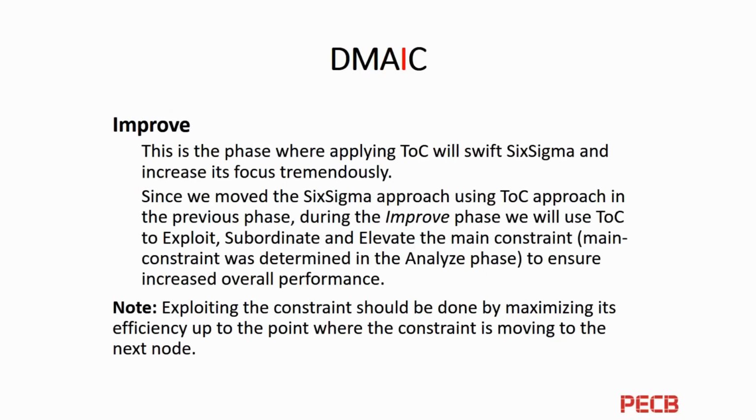The fourth phase of Six Sigma is improve. This one is really where theory of constraints shines, as opposed to Six Sigma. Applying theory of constraints will shift Six Sigma and increase the focus on the project, on this phase, and the effect on the final deliverable tremendously. Since we moved the Six Sigma approach using theory of constraints in the previous phase, we will be using theory of constraints to exploit, subordinate, and elevate the main constraint.